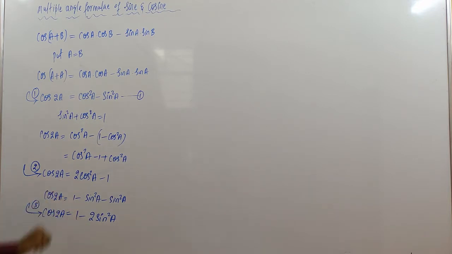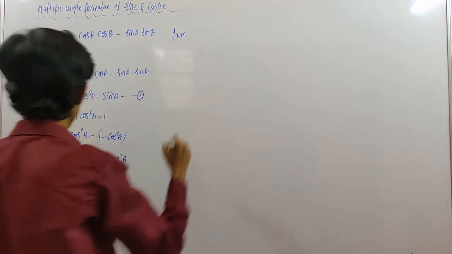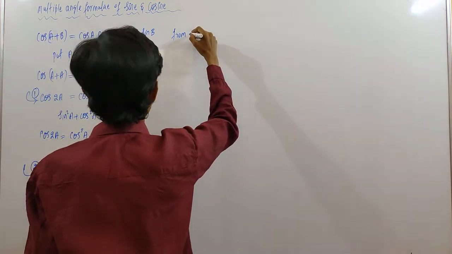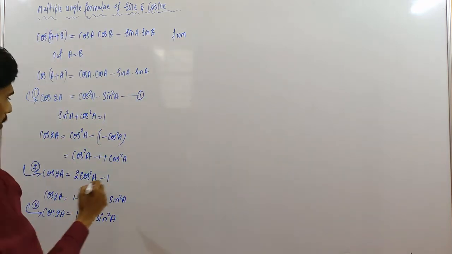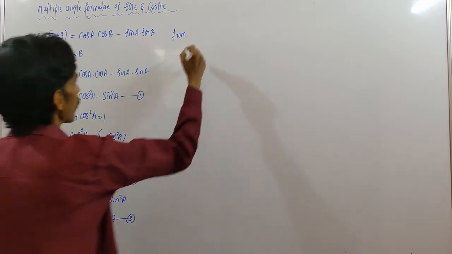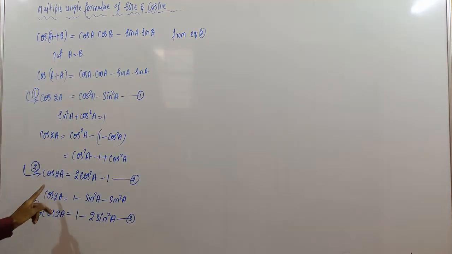Now from the second formula, from cos 2A, get the cos square A value. We will take this as equation 2 and equation 3. From equation 2, we have cos 2A equal to 2 cos square A minus 1.